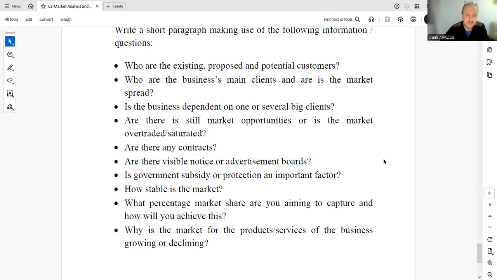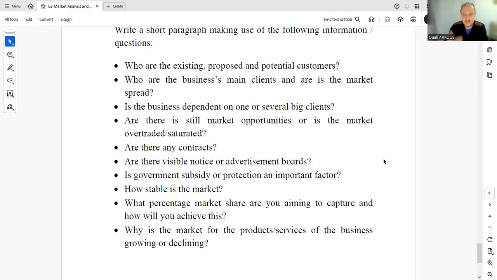for this service. Are there still market opportunities, or is the market overtraded or saturated? Are there any contracts between you and the customer, the client?